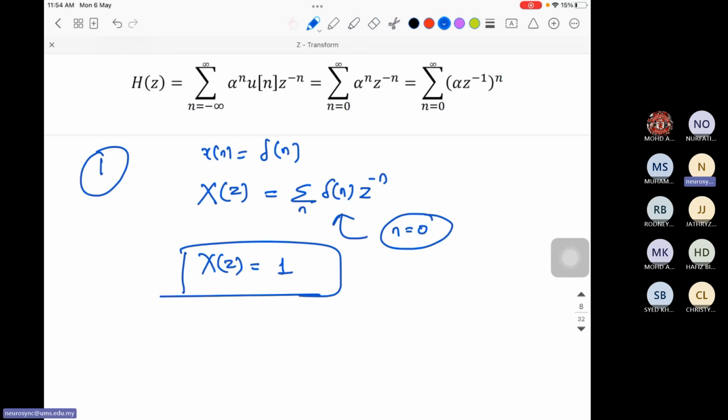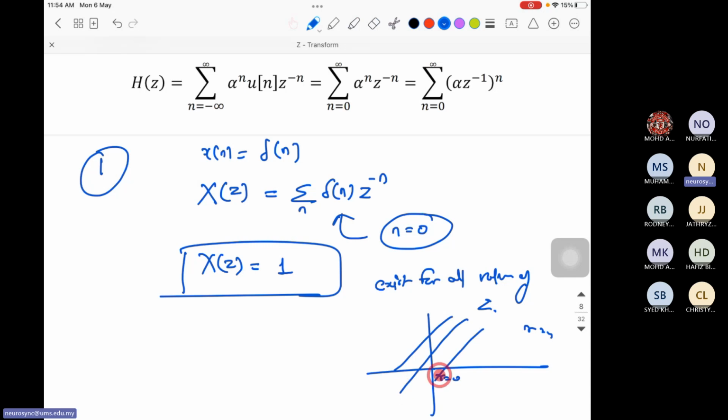So we can say that the Z transform of this delta of n exists at all values of z. This will be from r equal to 0 to r equal to infinity, the entire Z plane.